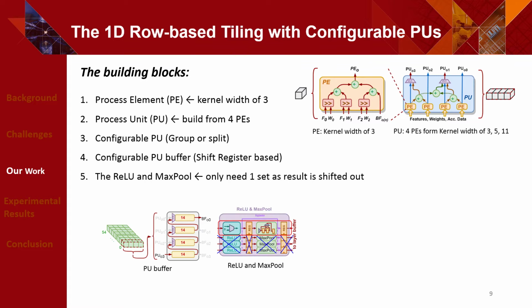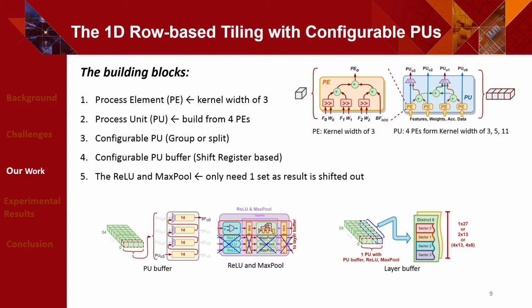Afterward, when the entire result is ready, then we can shift it out instead of having an individual set of ReLU and max pool hardware at the output tap of the PU buffer. Afterward, because we are working layer by layer, we also need a layer buffer to temporarily store the entire layer, and then we can read it out afterward for the next layer, etc.